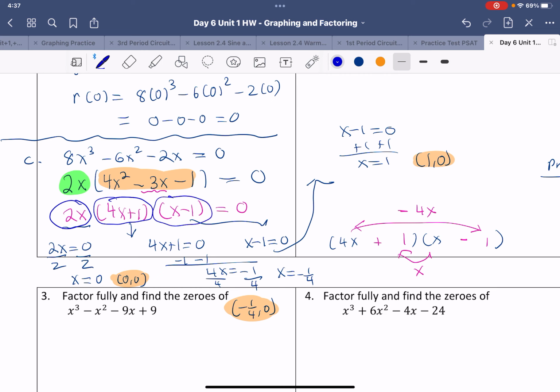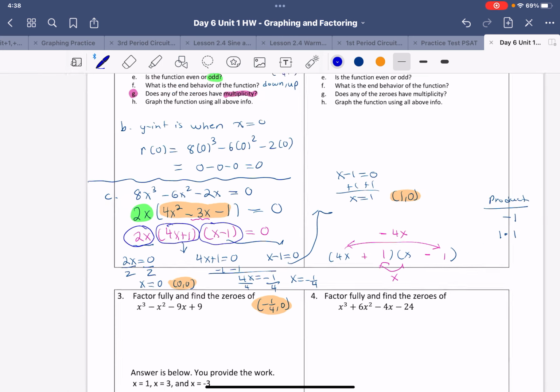So that means the multiplicity is one time because it only happens once. And when something happens once, that's not interesting. We don't even care about it. We know that's going to be normal. It's only when a multiplicity is not 1 that we get some behavior that is unusual. So for this question, we're not going to have to worry about multiplicity. The multiplicity for all these factors is just 1.